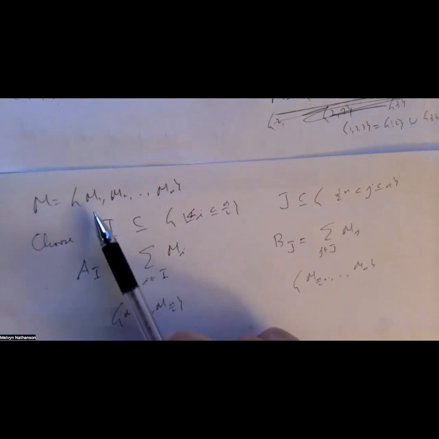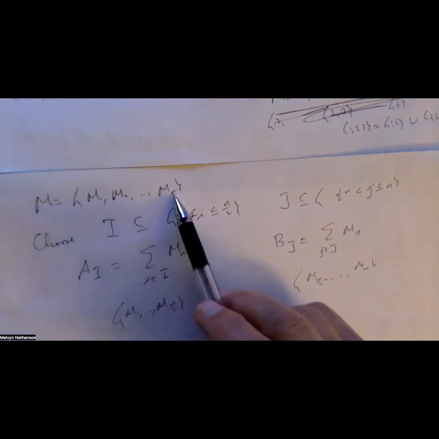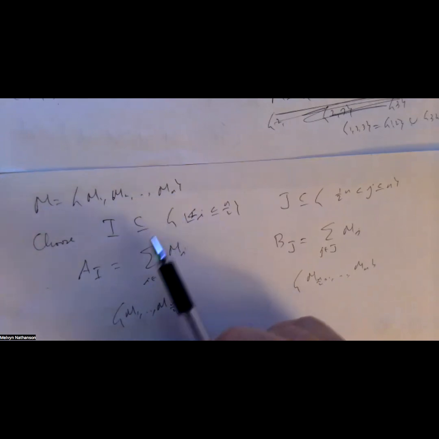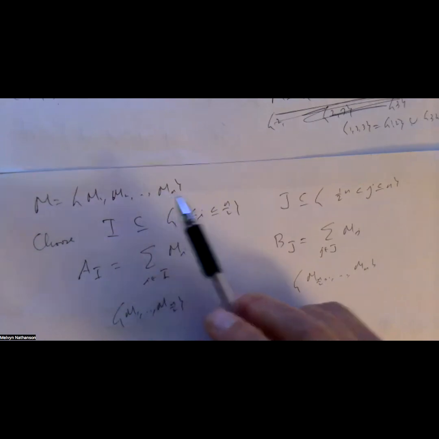So these numbers are from the set m1 up to m n over 2. These numbers are from the set roughly m n over 2 plus 1 up to m sub n. So I have n numbers in my set, labeled from 1 to n.